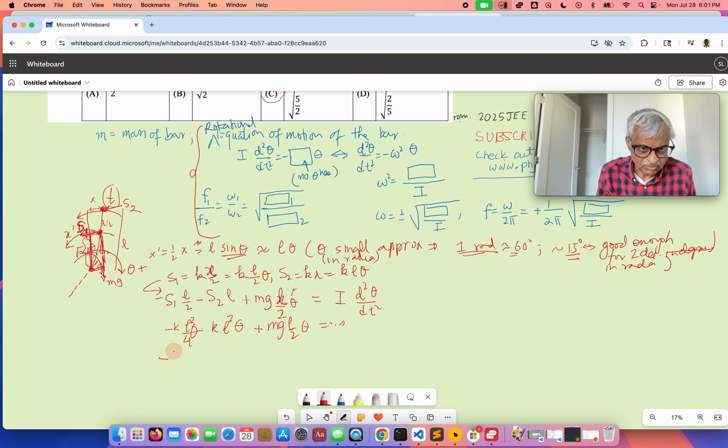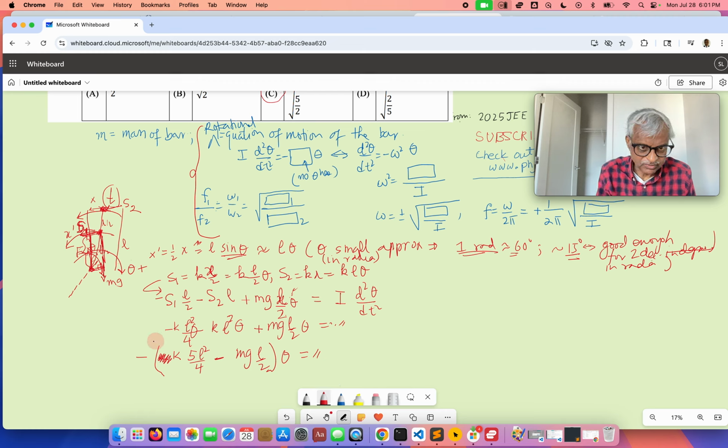So this is minus k of 5 L square over 4. We put a minus here, minus mg L over 2 theta equals this.